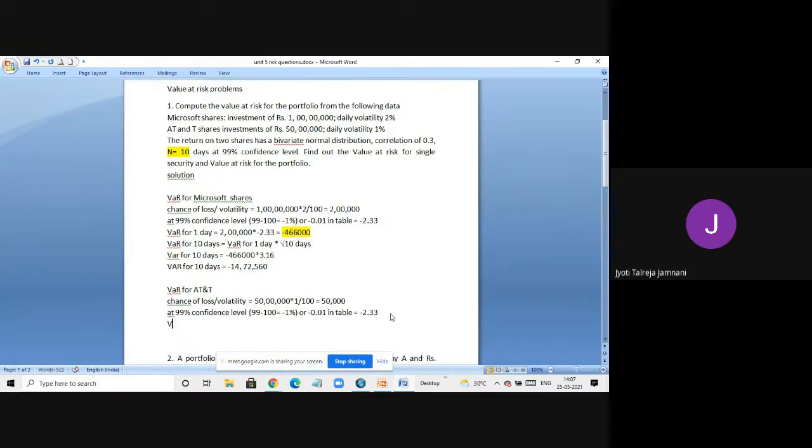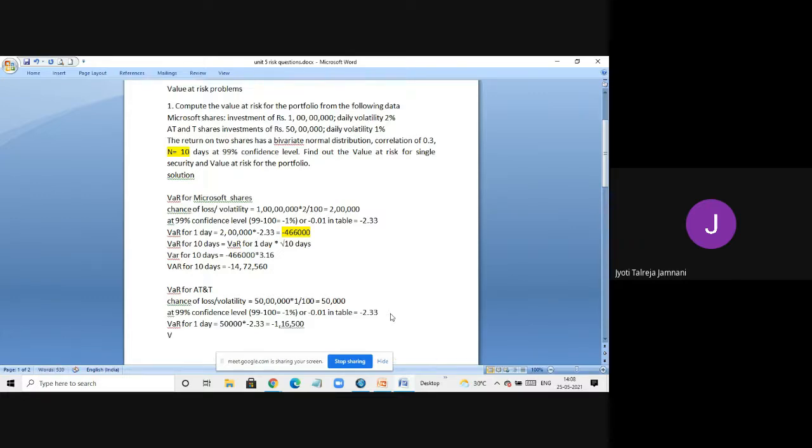Now value at risk for 1 day is equal to whatever is the loss that we have got, 50,000, into the table value minus 2.33. So when you multiply, you get minus 1,16,500.